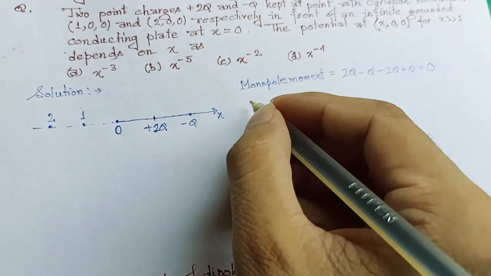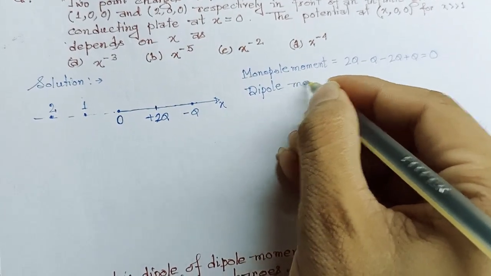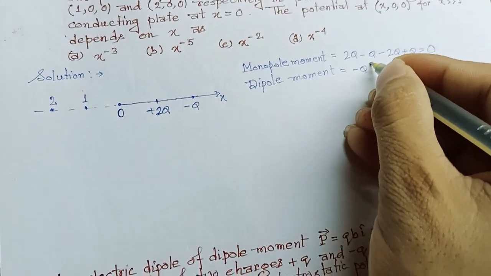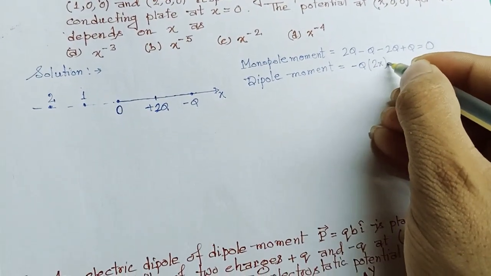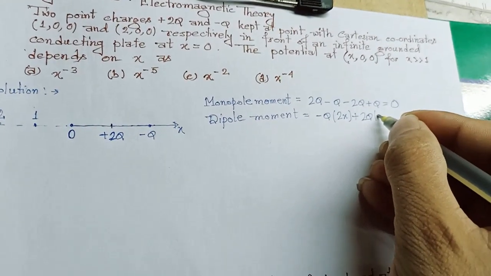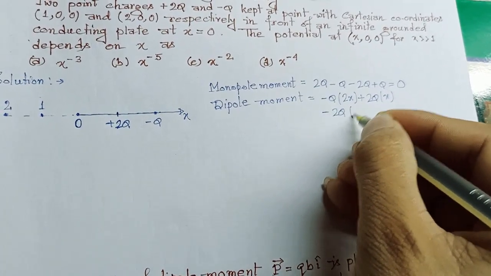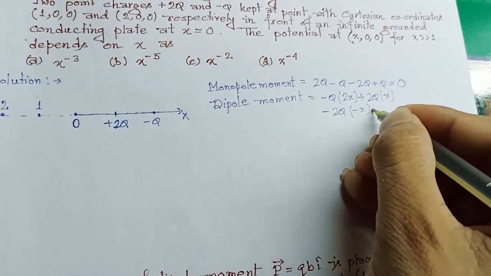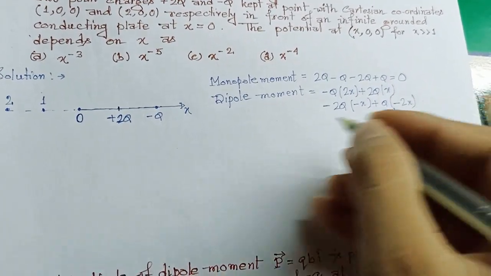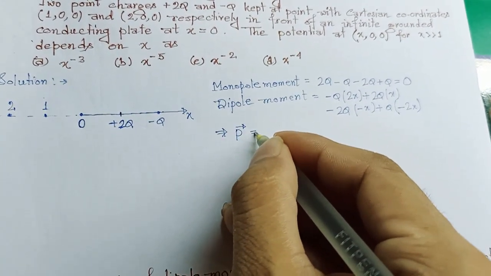Again, the dipole moment is equal to minus q into 2x plus 2q into x minus 2q into minus x plus q into minus 2x. So our net dipole moment P is equal to 0.